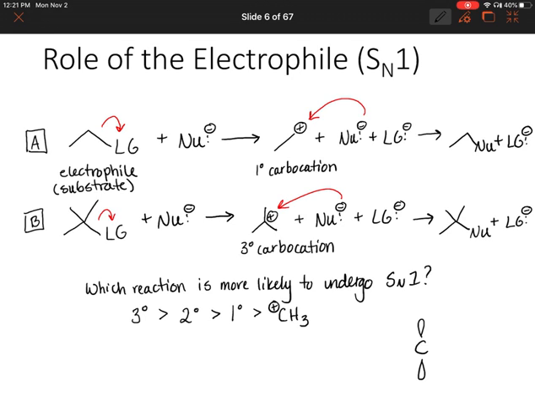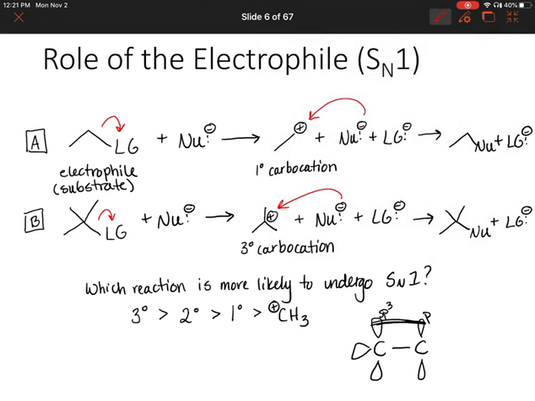And that p orbital can be stabilized by sp3 hybridized carbons through hyperconjugation. So the more sp3 carbons that are attached to the positively charged carbon, the more stabilized it is.